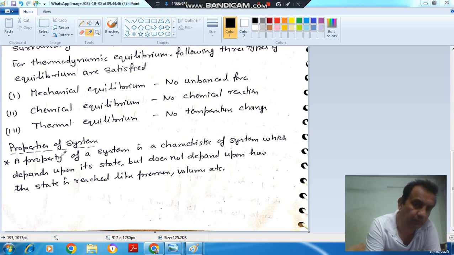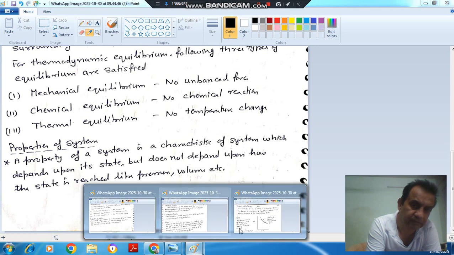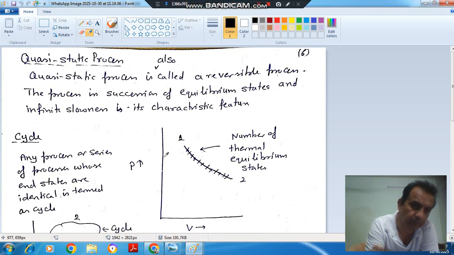The definition of property is: a property of a system is a characteristic of the system which depends upon its state but does not depend upon how the state is reached, like pressure, volume, etc. To understand this, suppose this is your PV diagram.